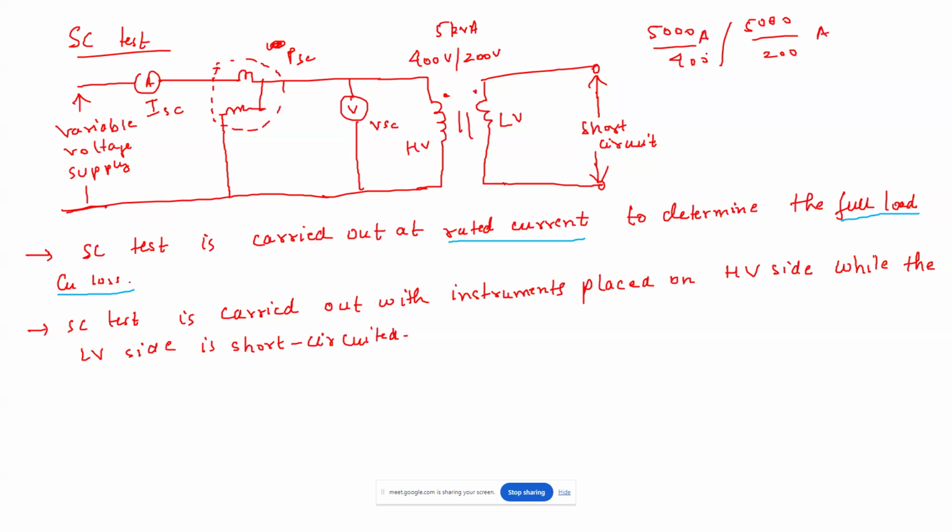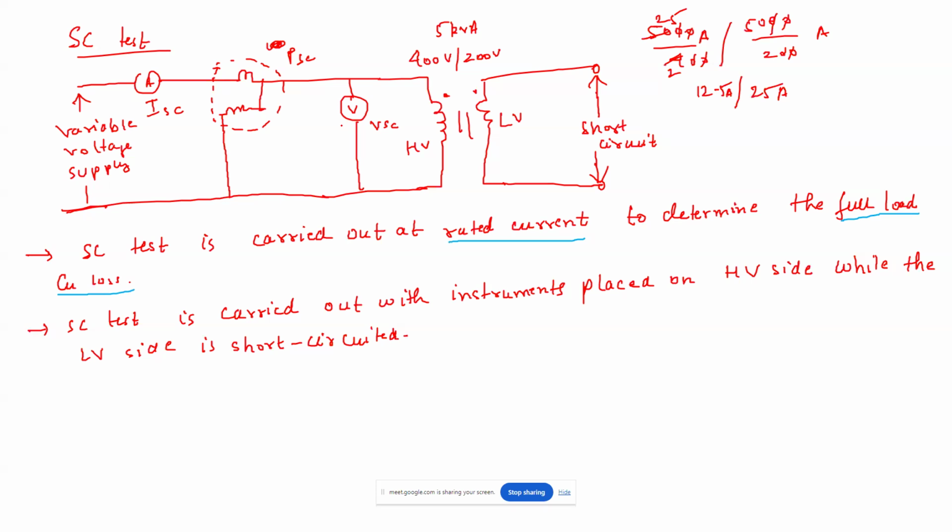This current is 12.5 and this current is 25. So you can clearly see that on the high voltage side the rated current is 12.5 ampere, and on the low voltage side the current rating is more, which is 25 ampere.